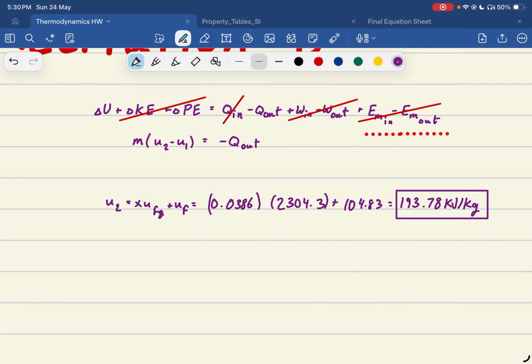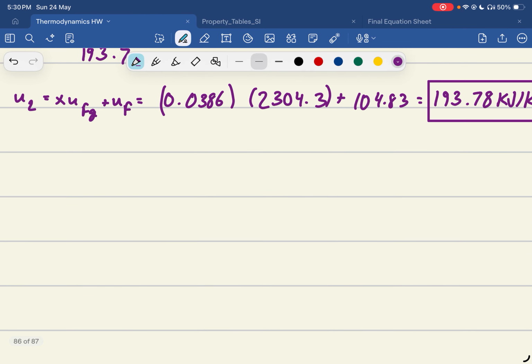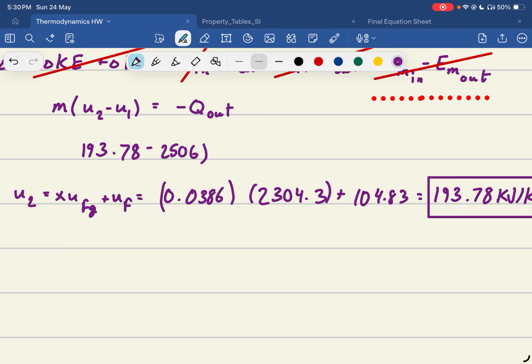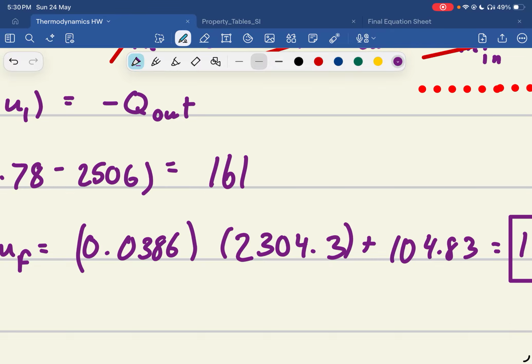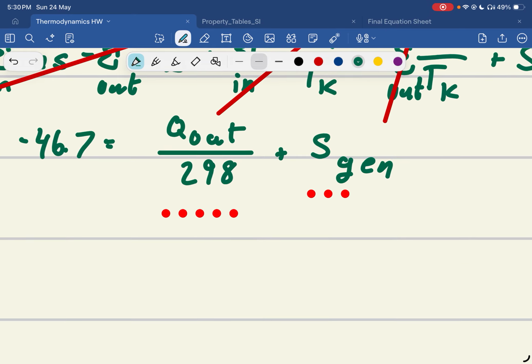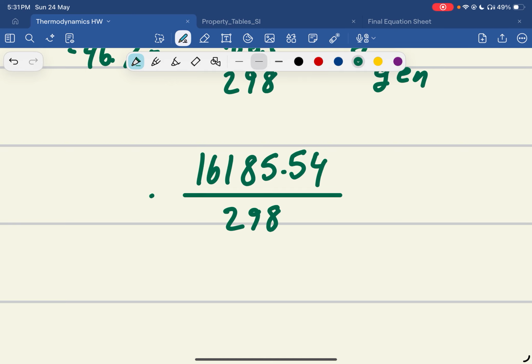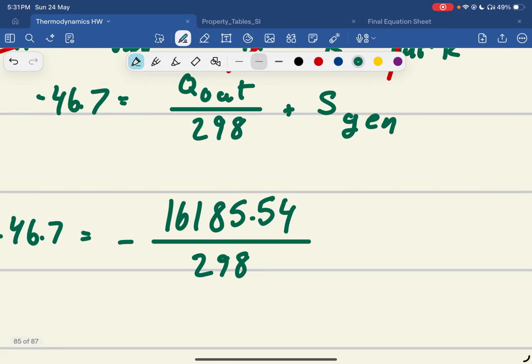So now getting the change, this should be 193.78 minus 2506.7, and you'd get 161.8554 kilojoules per kilogram. So this is our value for Q out. So plugging it back into this equation, we get 161.8554 over 298 equals negative 46.7 plus S gen.